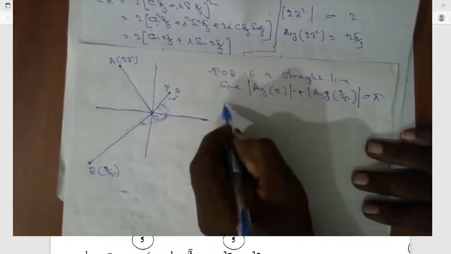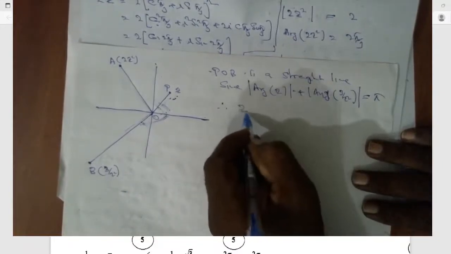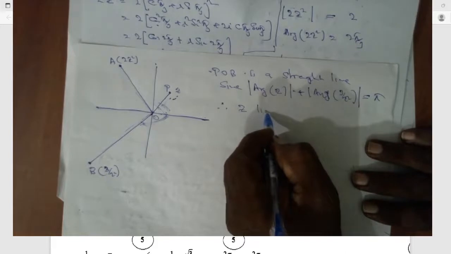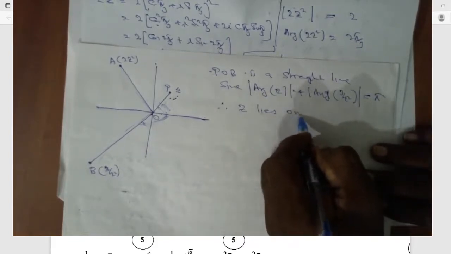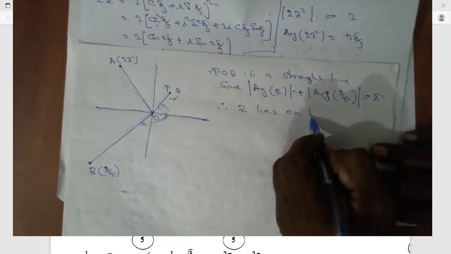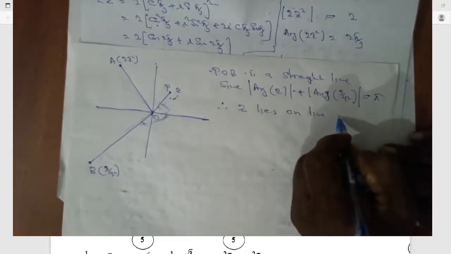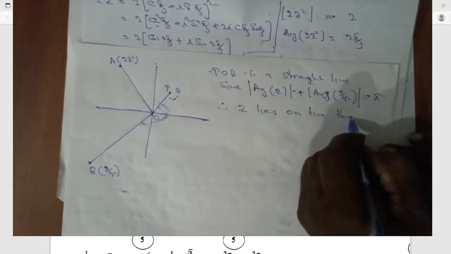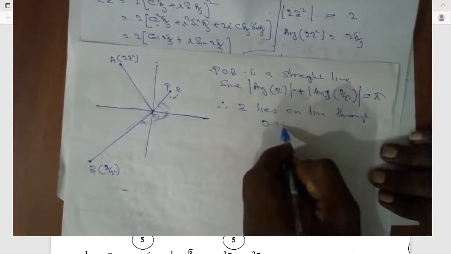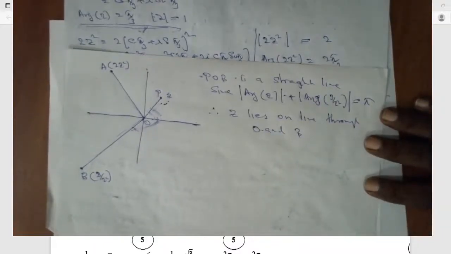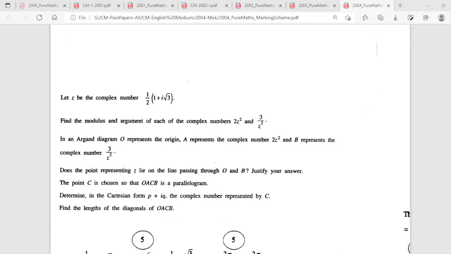Therefore c lies on the line through O and B, that is obvious.